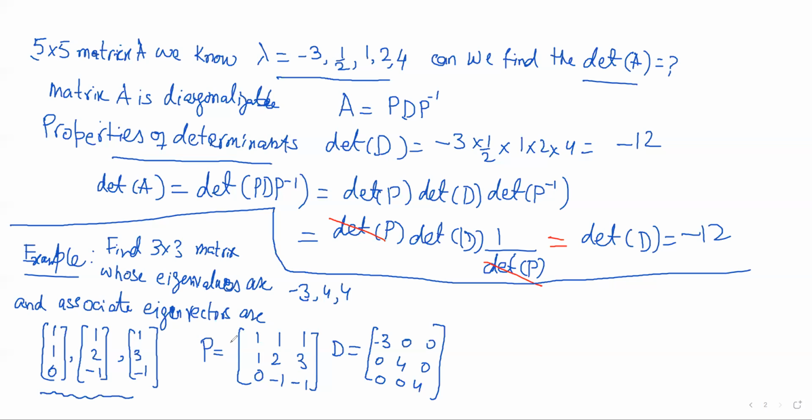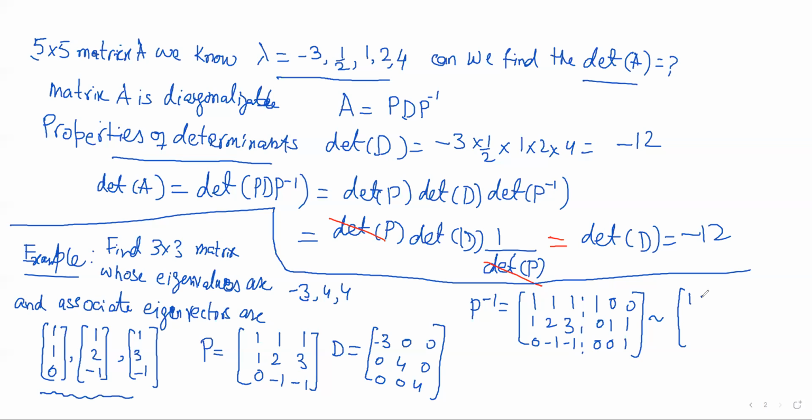Since now we know P, we need to find P inverse. We can perform row operations on the augmented matrix, with P on the left and the identity on the right. I will not perform those intermediate steps.